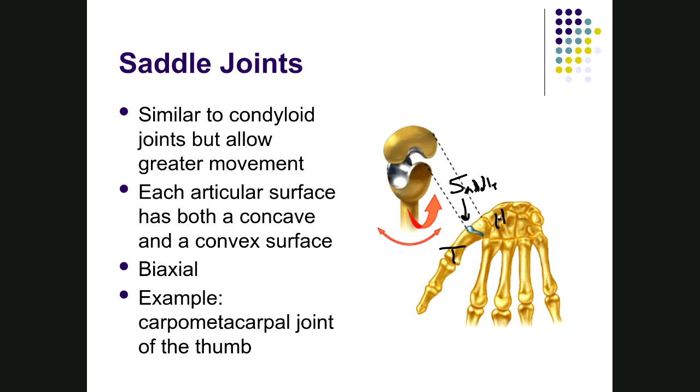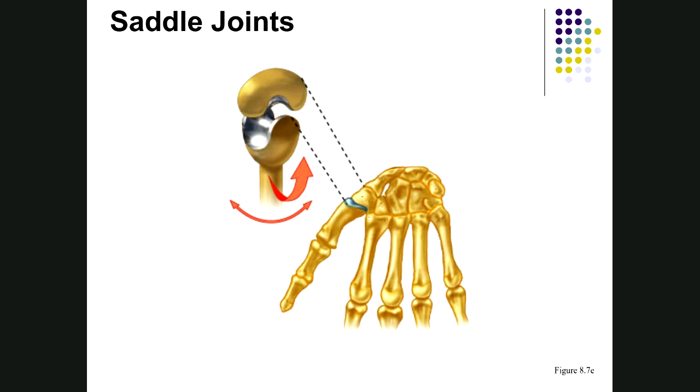It's still biaxial, but you get big movements in both directions. Not one big one, one little one. You get big ones in each direction. It looks like this. So here's the little man, and there's the saddle. Again, we only have one of these, and that's at the thumb.